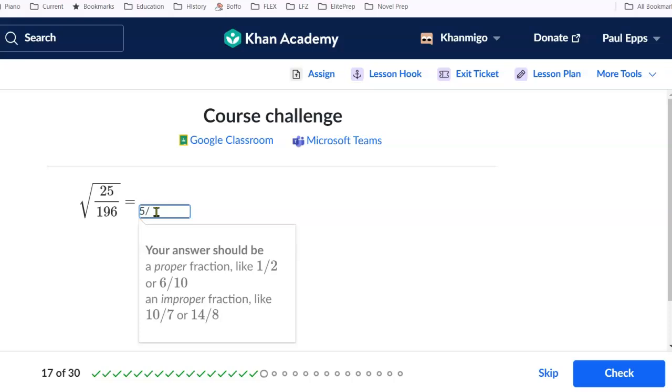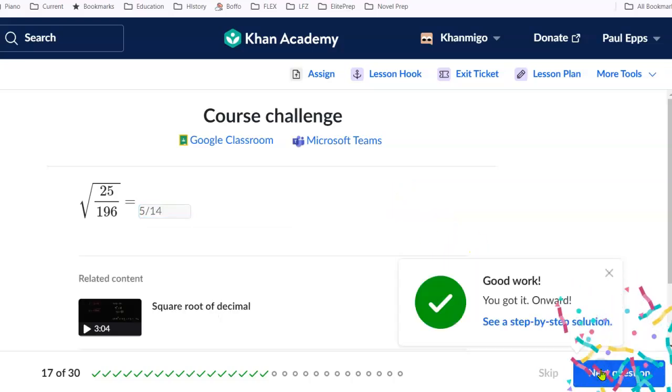That's too big. 13 is, I think, 169, too small. What about 14? 14 times 10 is 140, plus 40 is 180, plus 16. Yeah, so it should be 5 over 14.